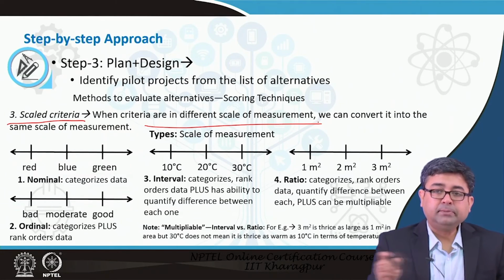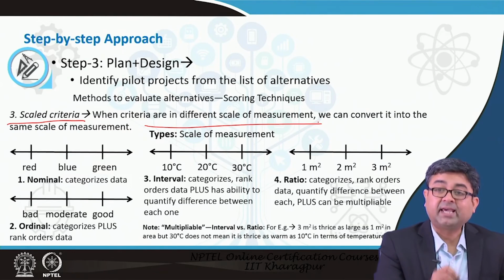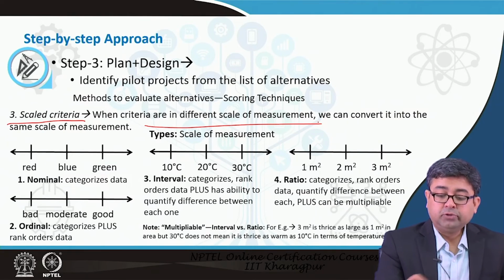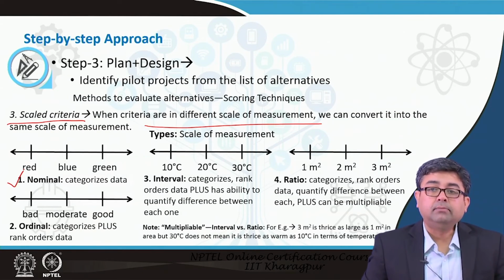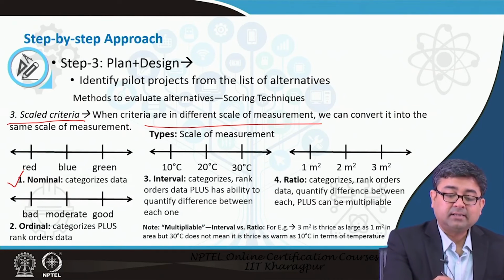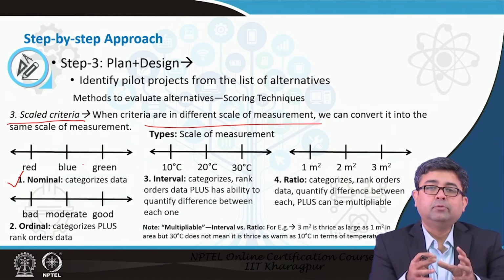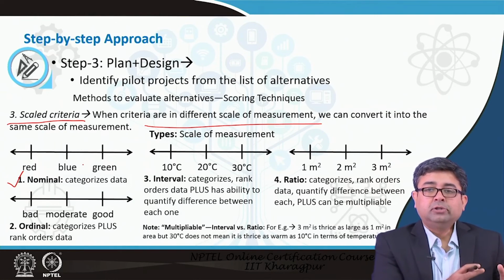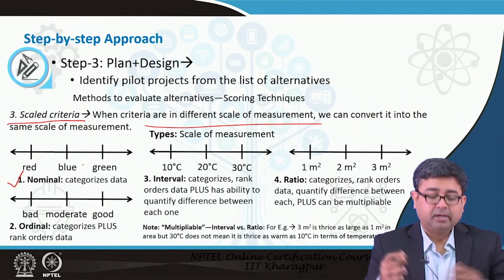We will use the same example, but before going to that, let us see what the different scales of measurement are. Usually, the easiest scale would be a nominal scale that only categorizes data. These are red marbles, these are blue marbles, these are green marbles. So, that is just a categorical scale, a nominal scale.